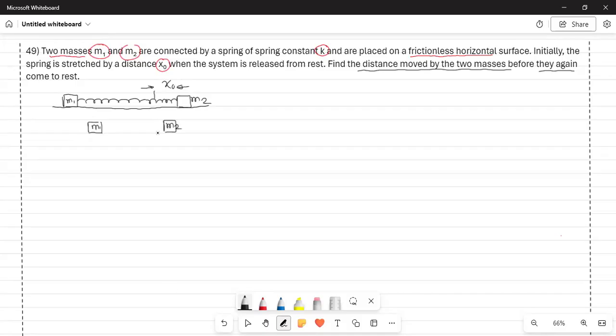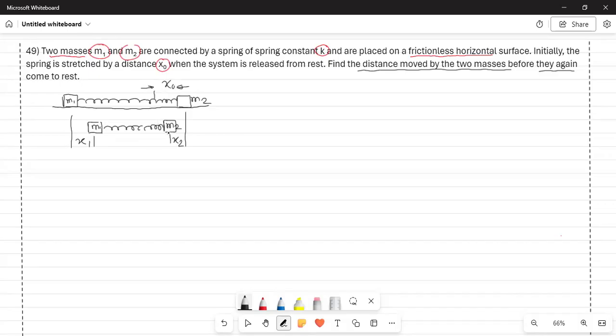Now the point is, this is the first bounce. Let us say this distance is x1, and let us say this distance is x2. Of course, our common sense says the spring will now be compressed.